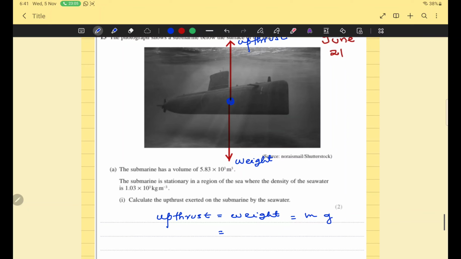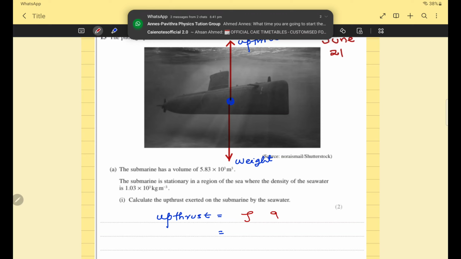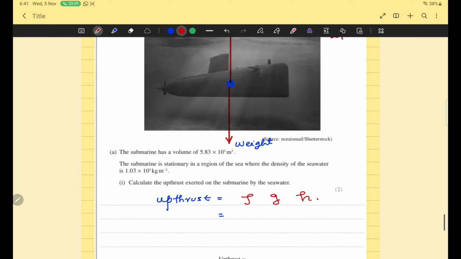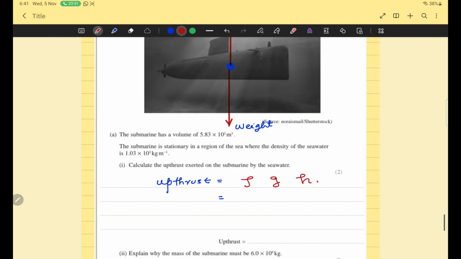The submarine is stationary. अच्छा जी, वेट से नहीं आएगा, फिर मुझे लग रहा है ये rho g V से ही आएगा, because we are given the density of seawater. Okay, we should write the normal equation of upthrust. Normal equation of upthrust is rho g V.